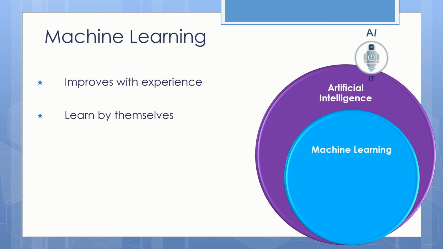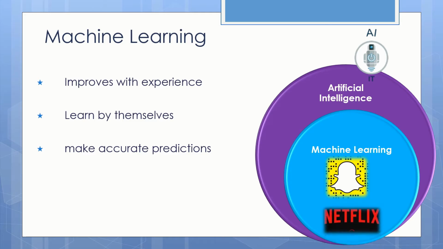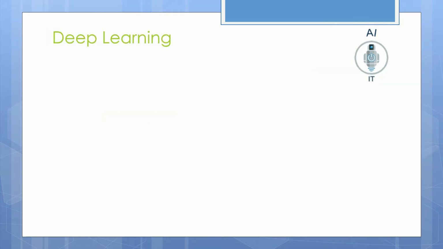Because it learns by itself with the given data so that it can make accurate predictions. Examples of this include our Snapchat filter. It perfectly recognizes our face structure, eyes, nose, lips, isn't it? The same way the recommendations which our Netflix provides every time. So these applications learn by themselves and keep on improving with experience.